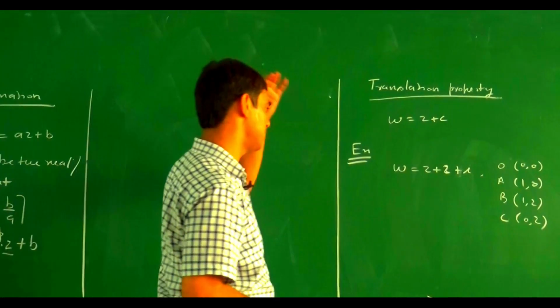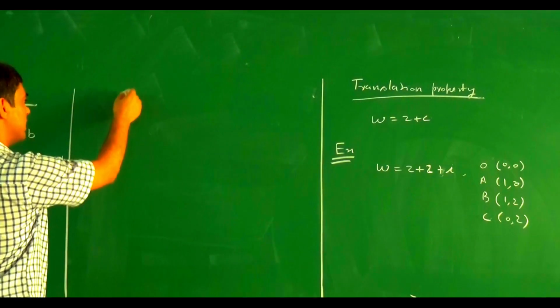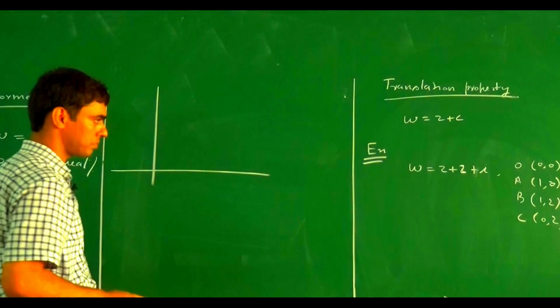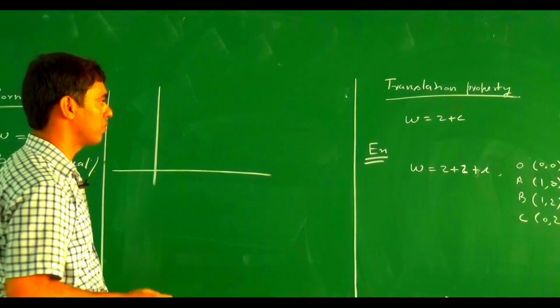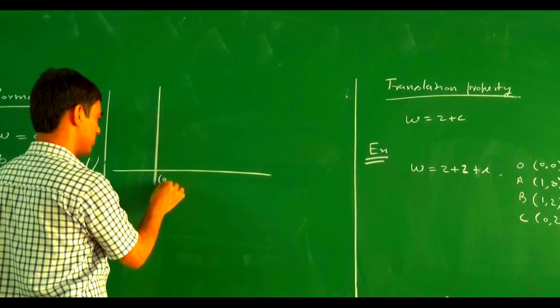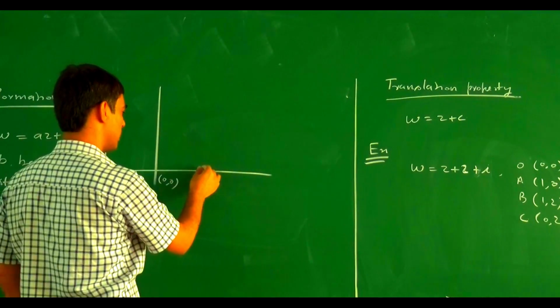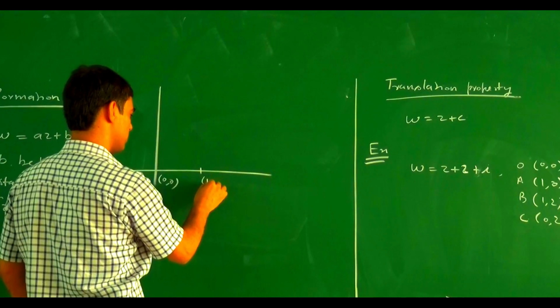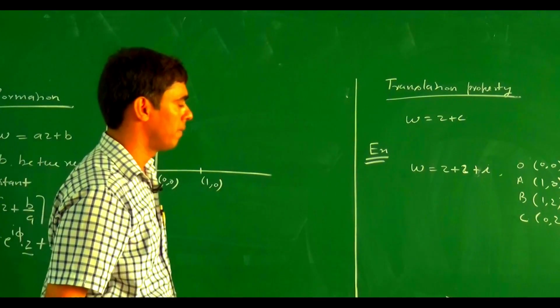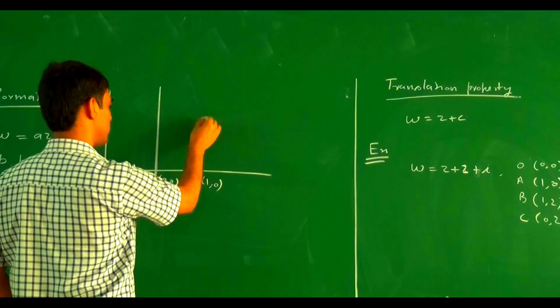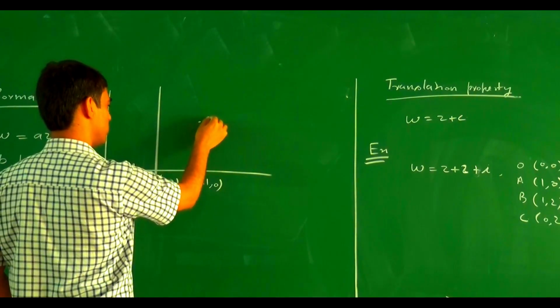If we try to visualize this, O is 0 0, A is 1 0, and B is 1 2.